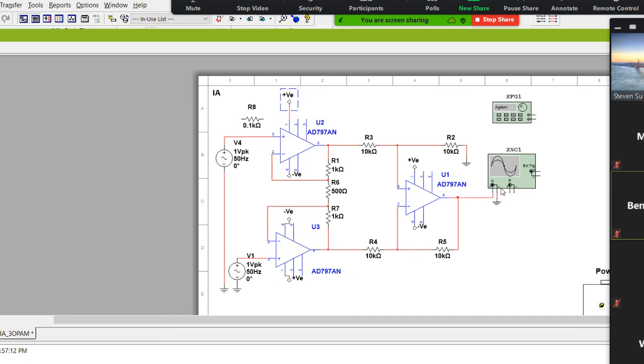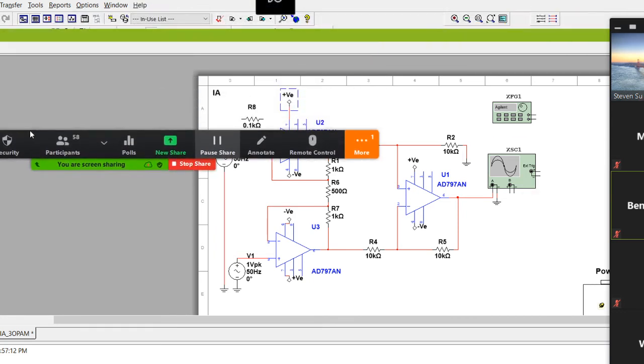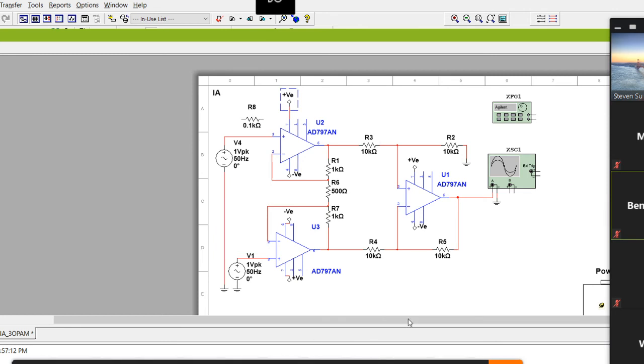Can you guess what the output should be if the input is exactly the same? Common mode gain is normally very small for this 3 op-amp circuit, so the output is nearly 0.